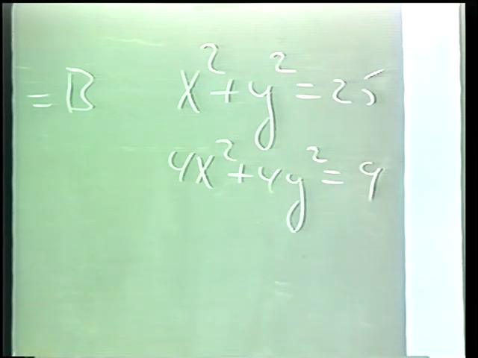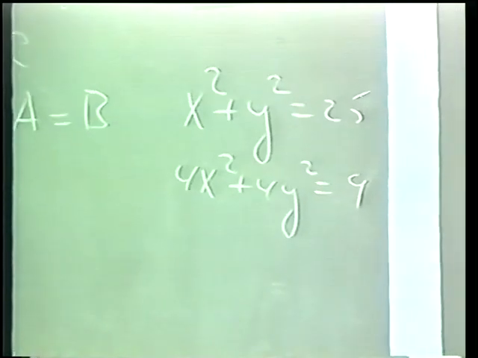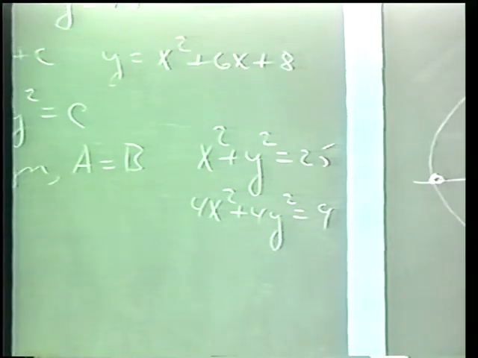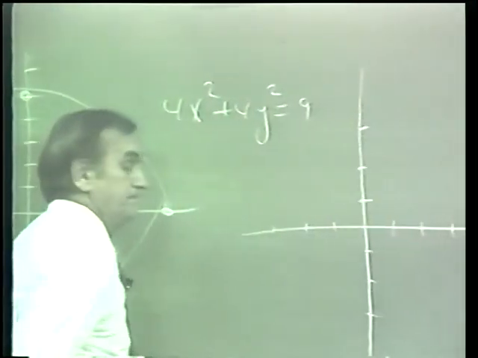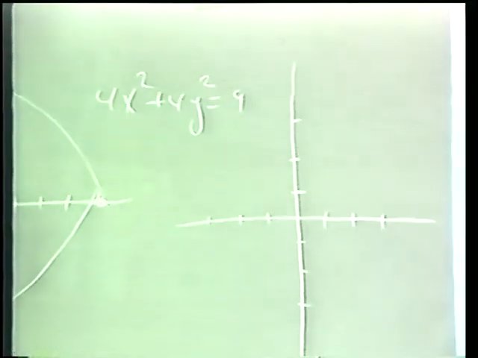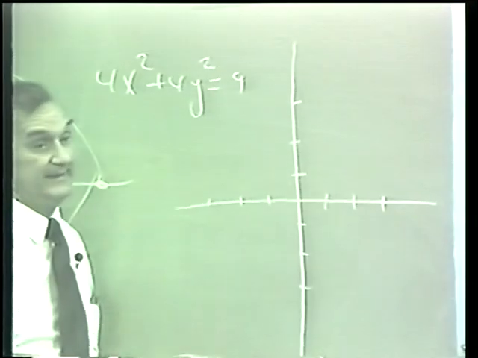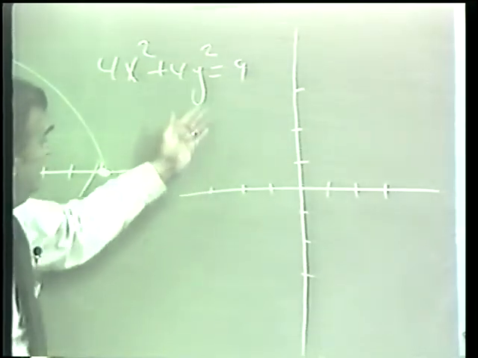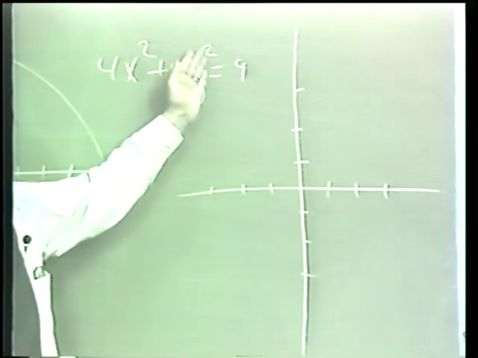Okay, let's take a look at this. Again, we're going to do it by the intercept method. We have 4x squared plus 4y squared equal 9. We're going to graph this. Well, we know that at any point on the x-axis, y equals 0. So when this curve crosses the x-axis, y has to equal 0.